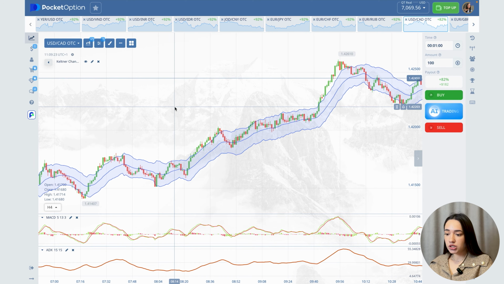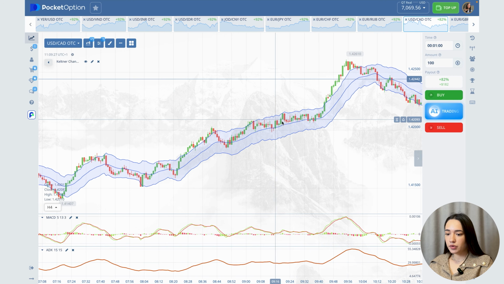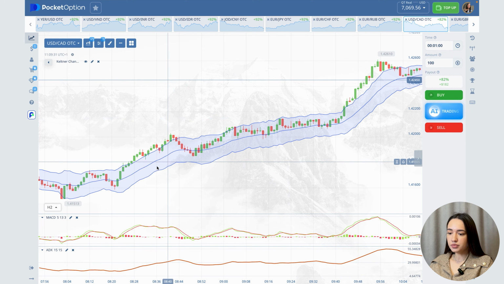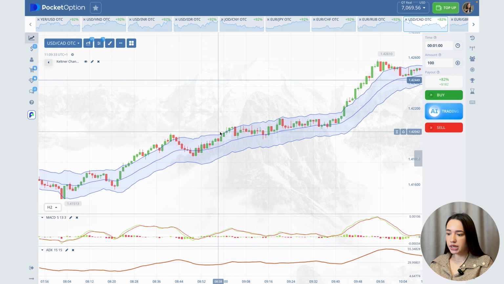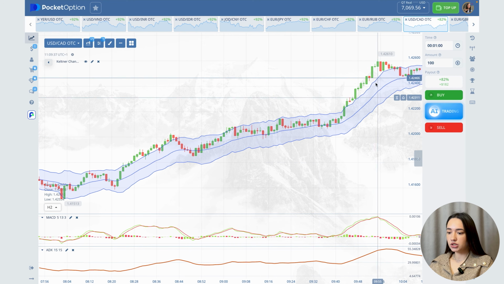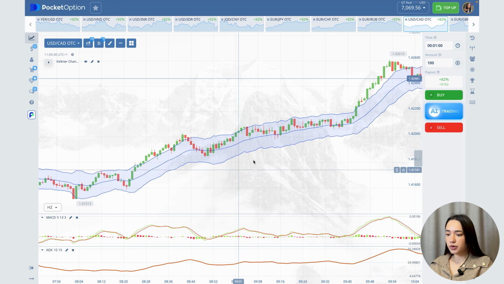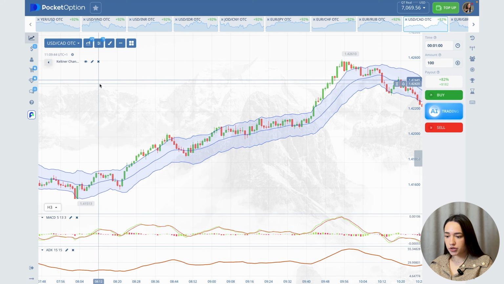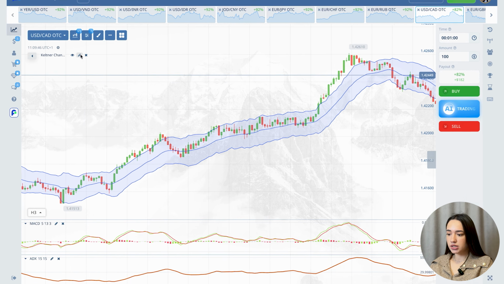And for this strategy, the trend is crucial, really crucial. It's very important to have a stable channel-based trend, meaning the price should move smoothly within a channel without sharp volatility, just like what you can see right now on the chart in front of you. So let's proceed to the setup.